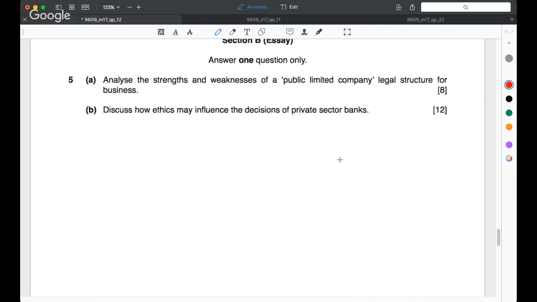So without ethical frameworks, expectations, and without a code of ethics, banks may engage in unethical behaviour, over-investing and focusing on high profit.